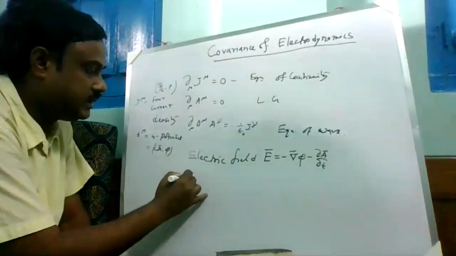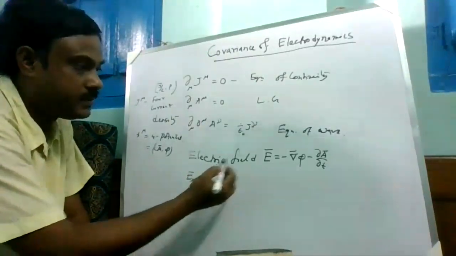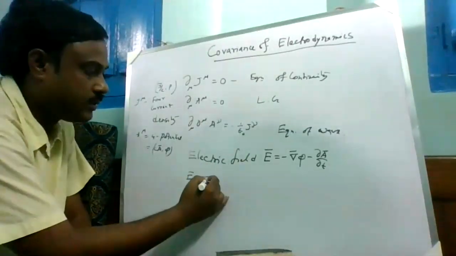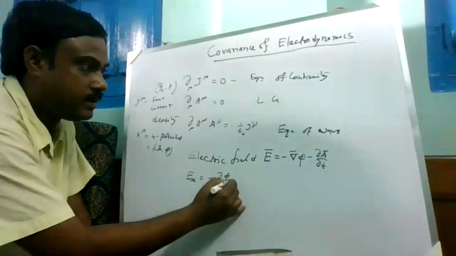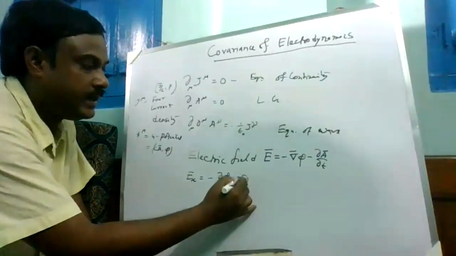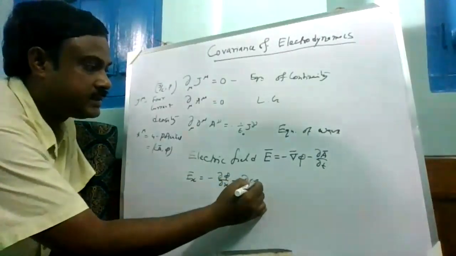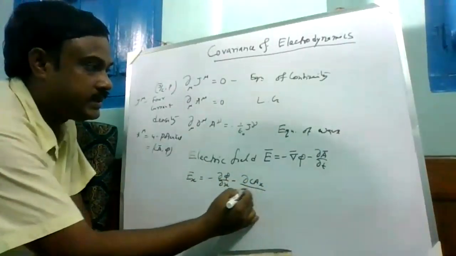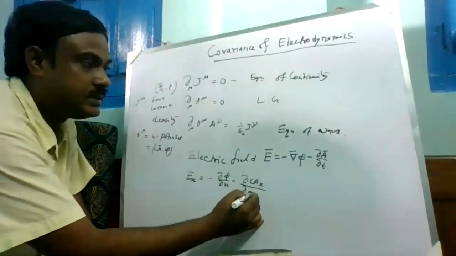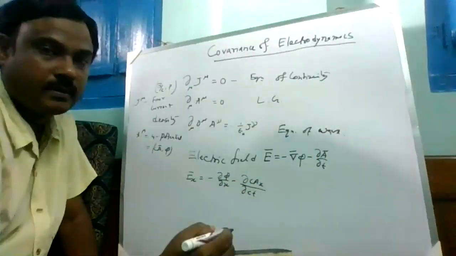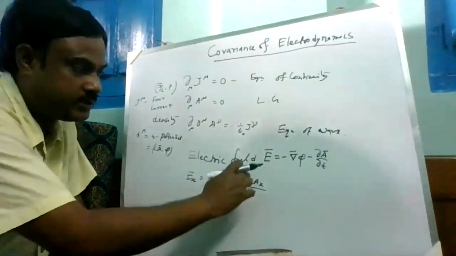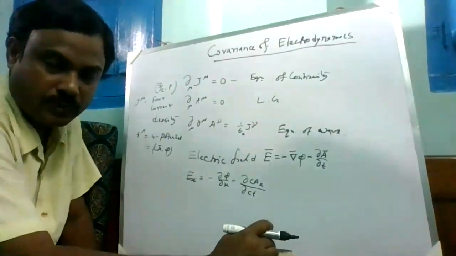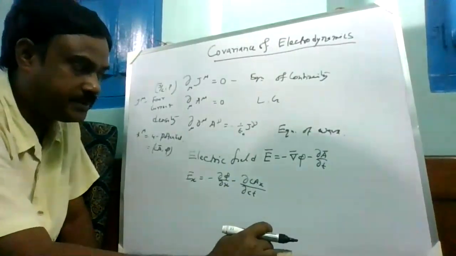Suppose Ex equals minus del phi del x minus del CAx by del CT. I have just multiplied this term C in both numerator and denominator.